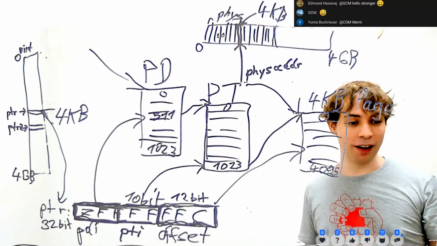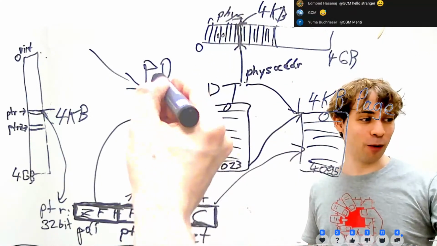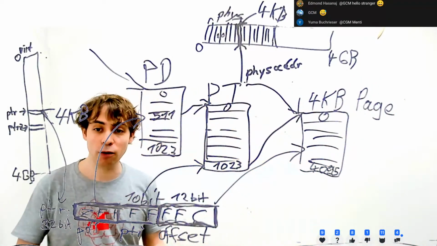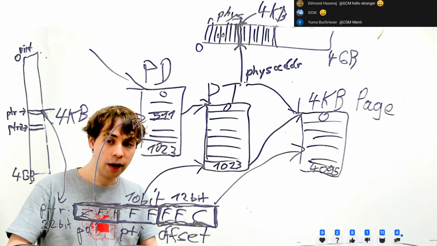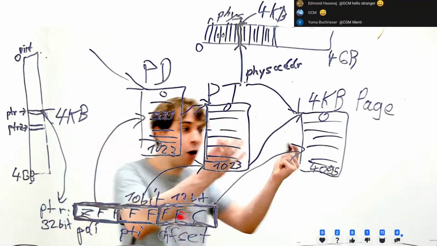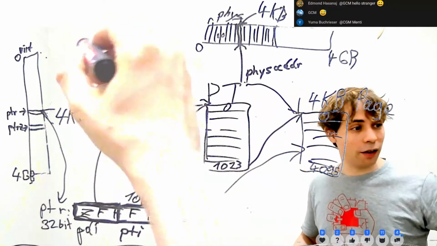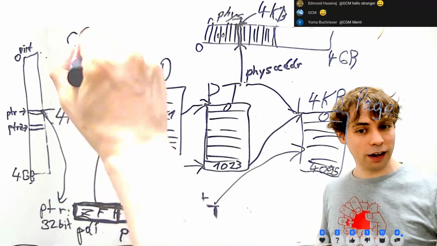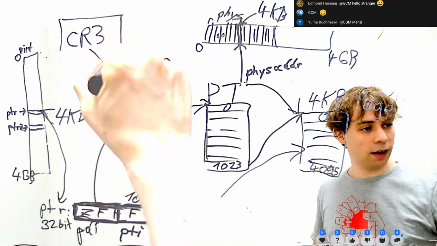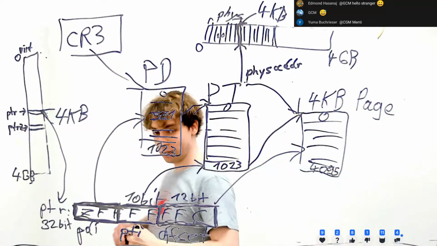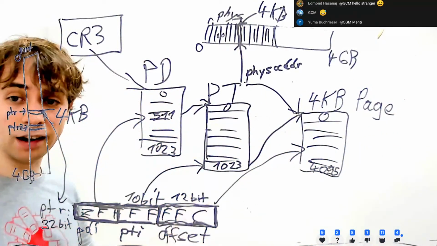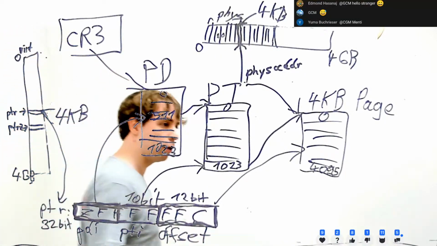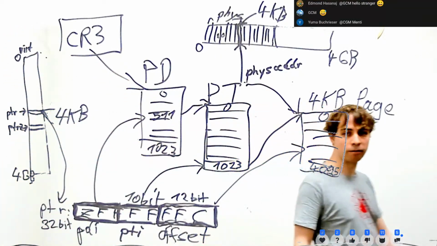The CPU just stores where the page directory is. Similar as in base and bounds, where the CPU had to store in a register the base and the bound. Now we just have to store the start of the paging hierarchy, and we do that in the CR3 register on x86. And this is paging as it has been for a long time on 32-bit x86 computers.